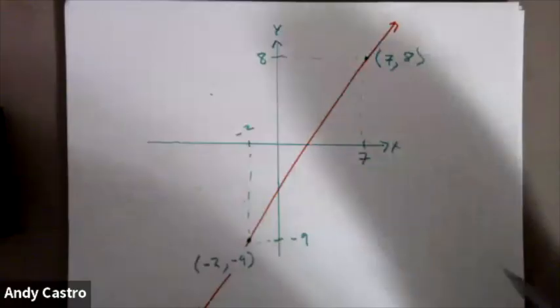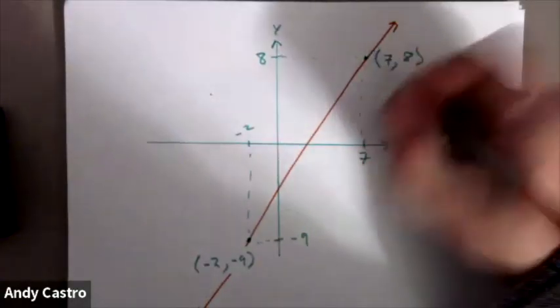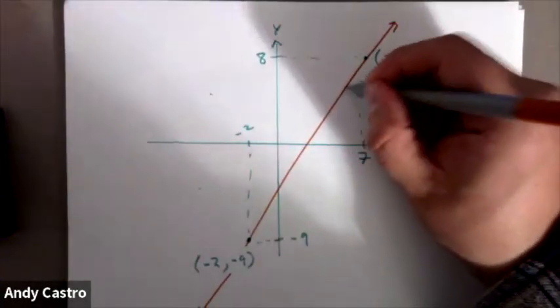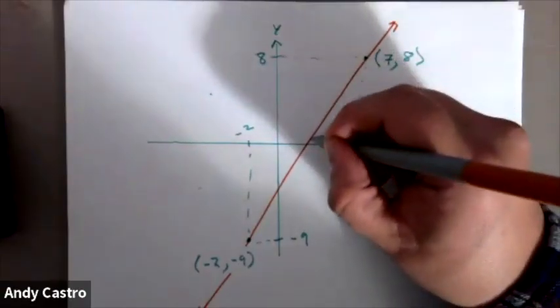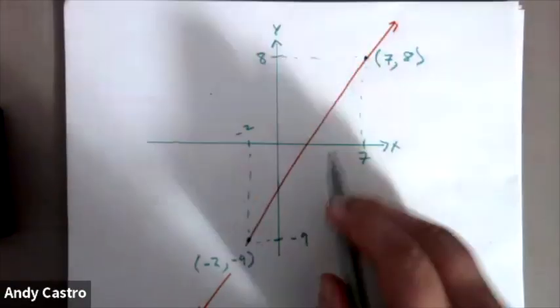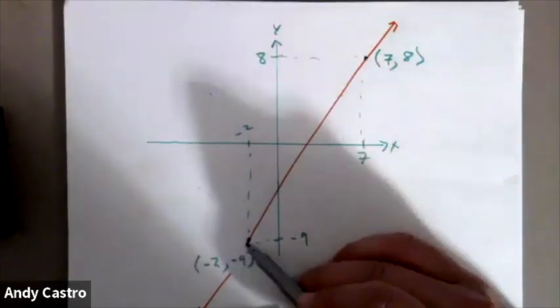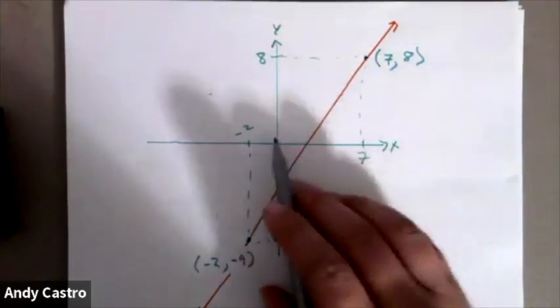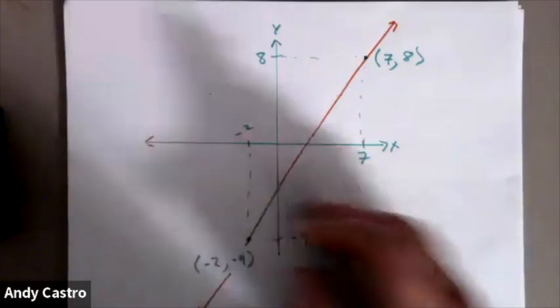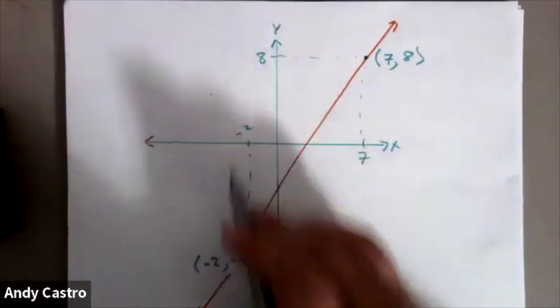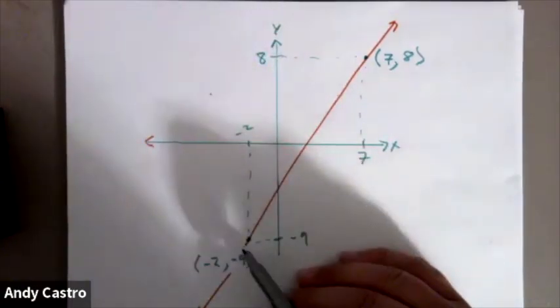So philosophically, let's talk about what's going on here. A line is made up of an infinite amount of points. Okay, these points are found just like these 2 points are. You go over a certain amount on the x-axis, and then you go up or down a certain amount on the y-axis.